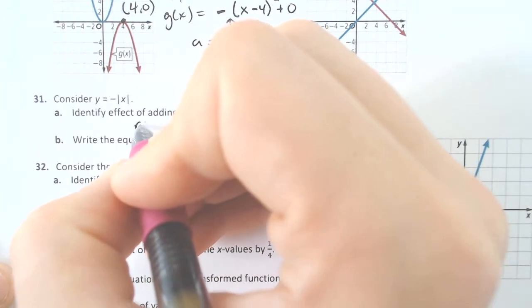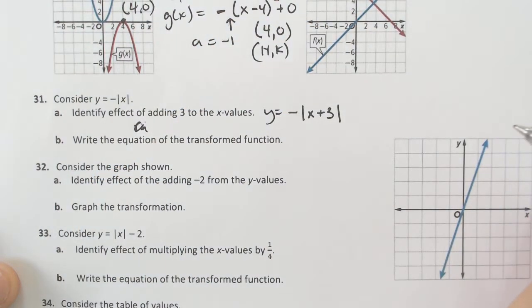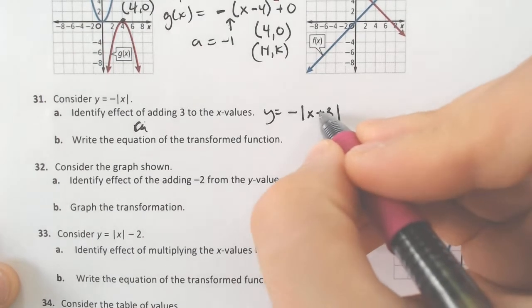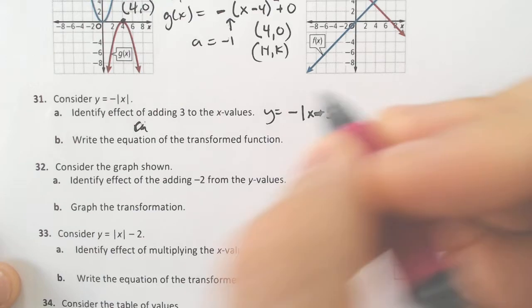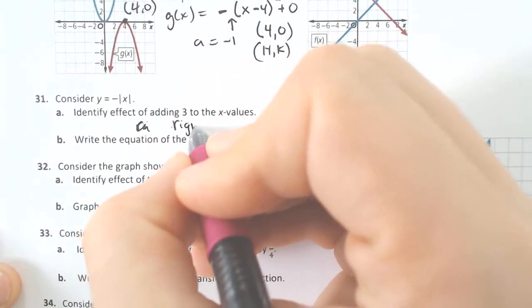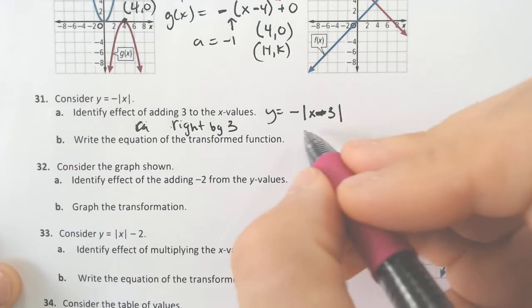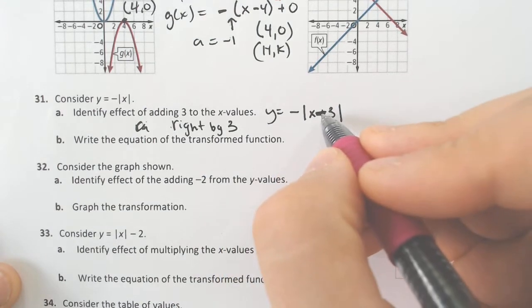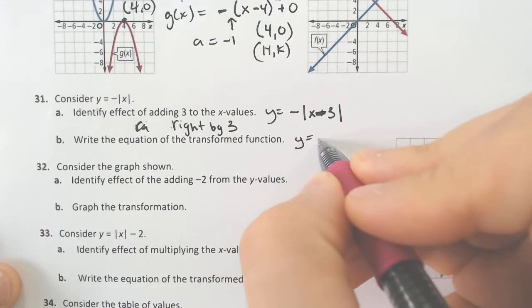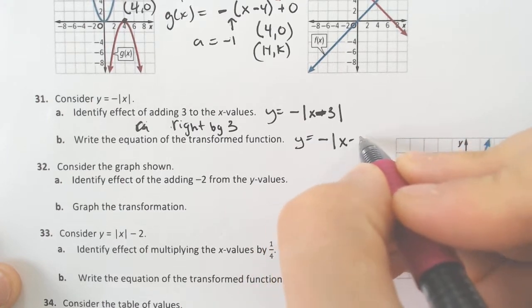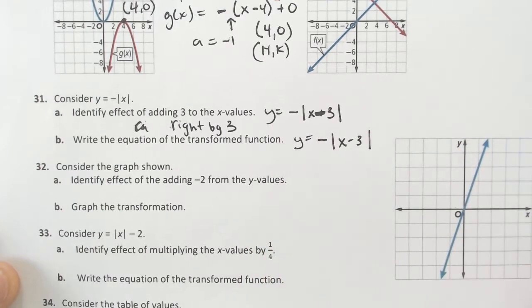It would move to the left or right by 3 if you added it. If we wanted to go and add 3 to the x, we should have changed the sign, we would want to go to the right by 3. And if we want to go to the right by 3, we would have to put, for part B, which I already did, it would need to be a y equals negative x minus 3 with the absolute value.